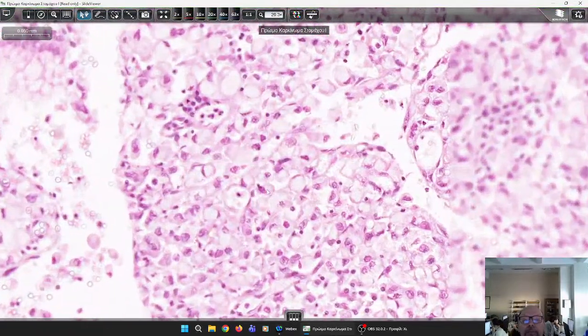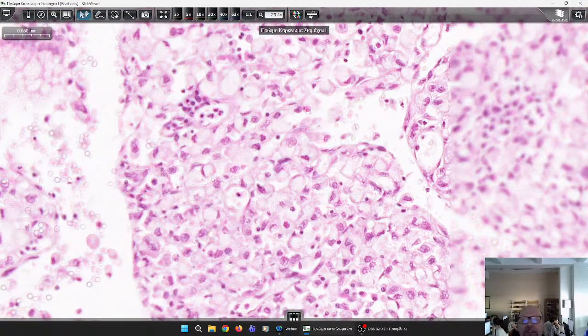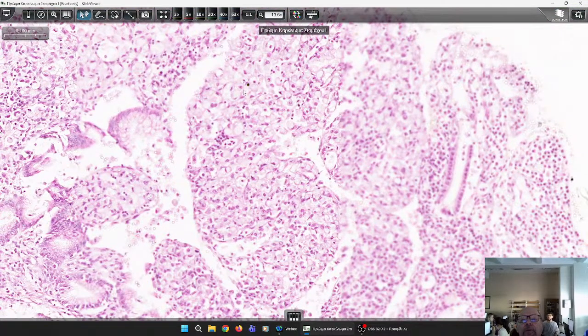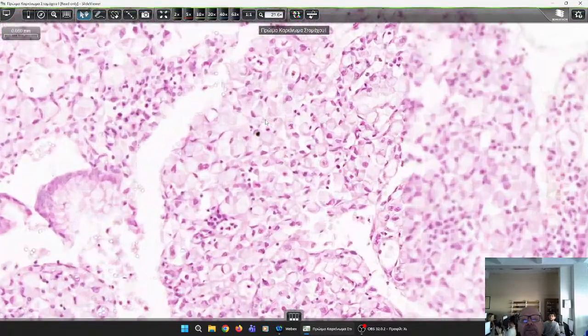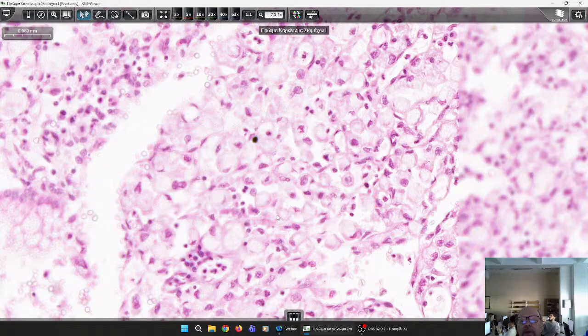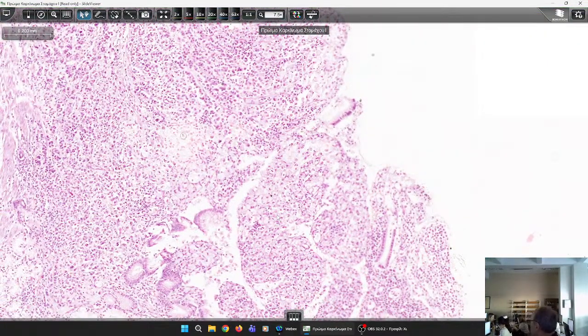Look here. These cells have a signet ring-like appearance. You see the nucleus being displaced at the cell's periphery? Signet ring cells. These are malignant cells. It's a diffuse type of gastric cancer.